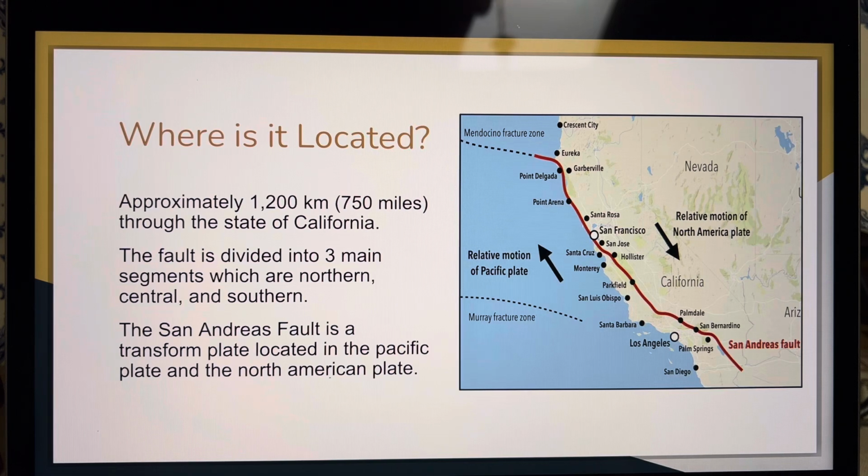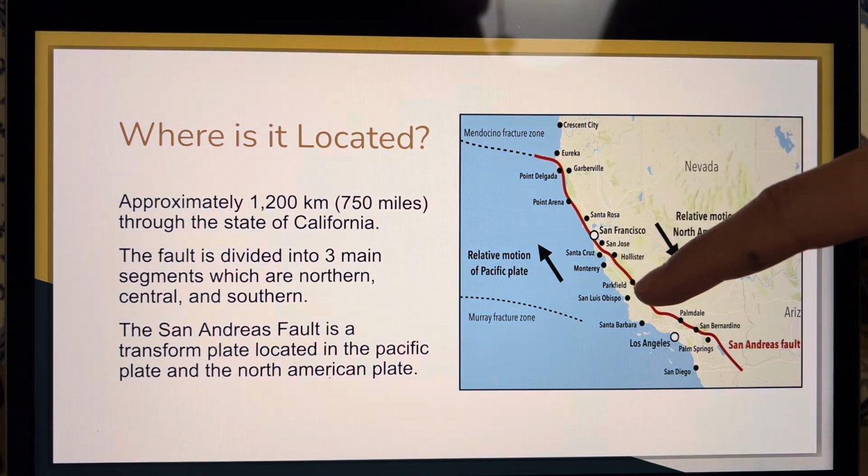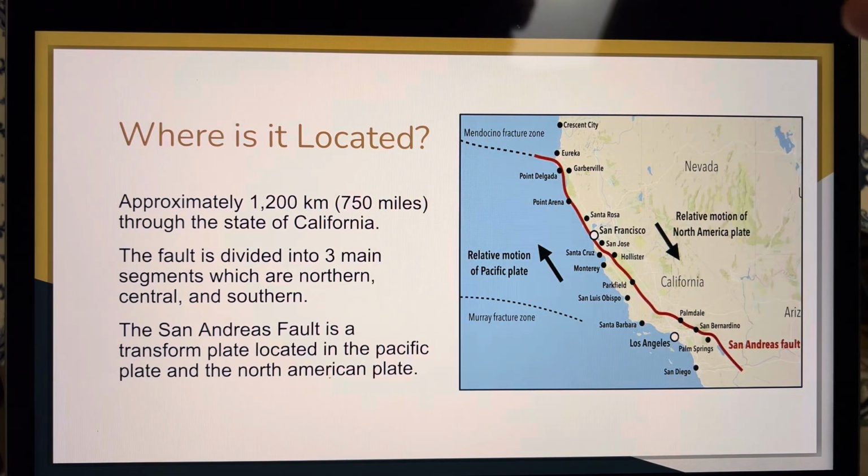So, where is the fault located? As you can see in this picture, it has a clear visual of where it's located, in red. It's located throughout the state of California, approximately 750 miles across, and it's divided in three sections: the northern, which is up here, the central, and the southern, which is LA.